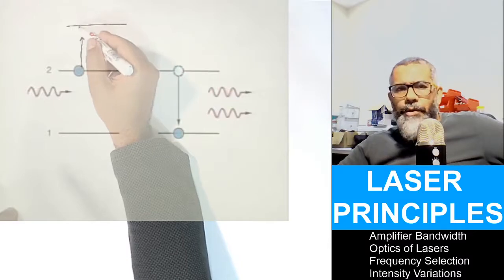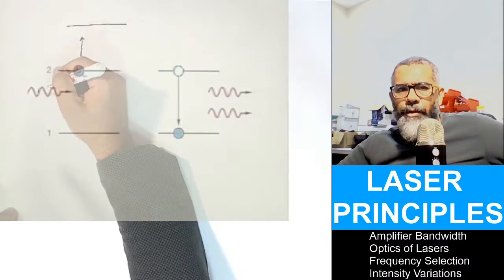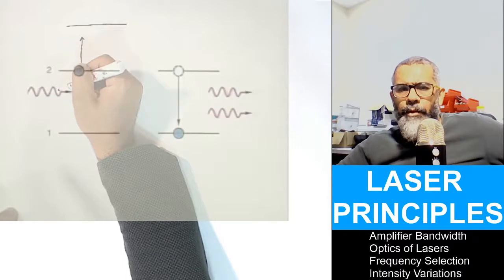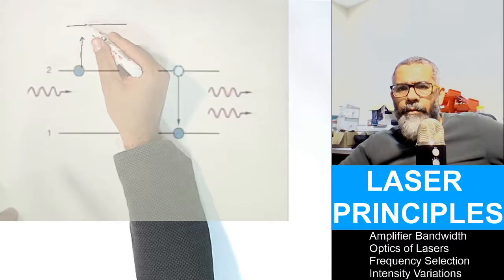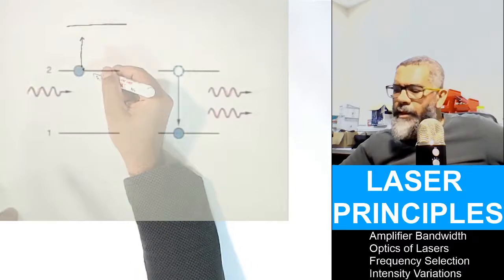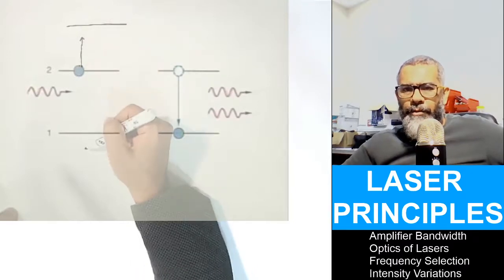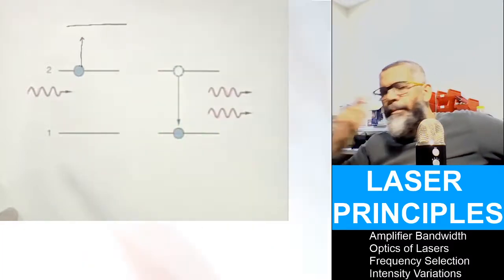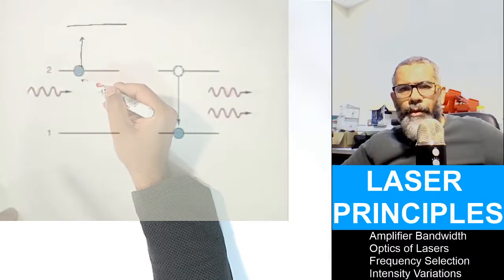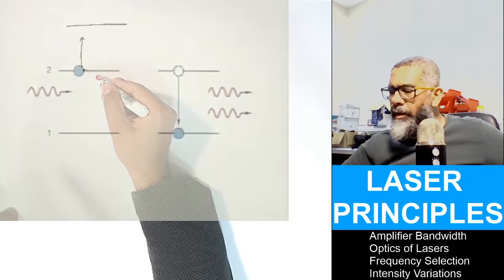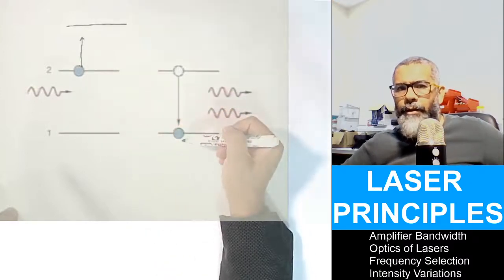If there is no such level that this photon's frequency can lift the electron to, what it will do is bring the electron down. So this time the incoming photon will pull the electron, which is originally at the higher energy level, down to the ground state.